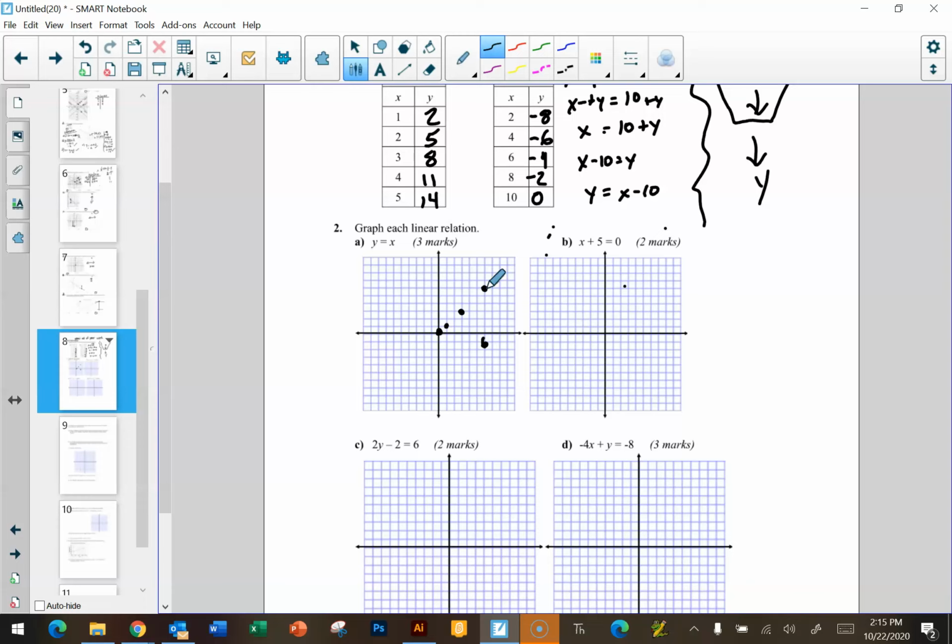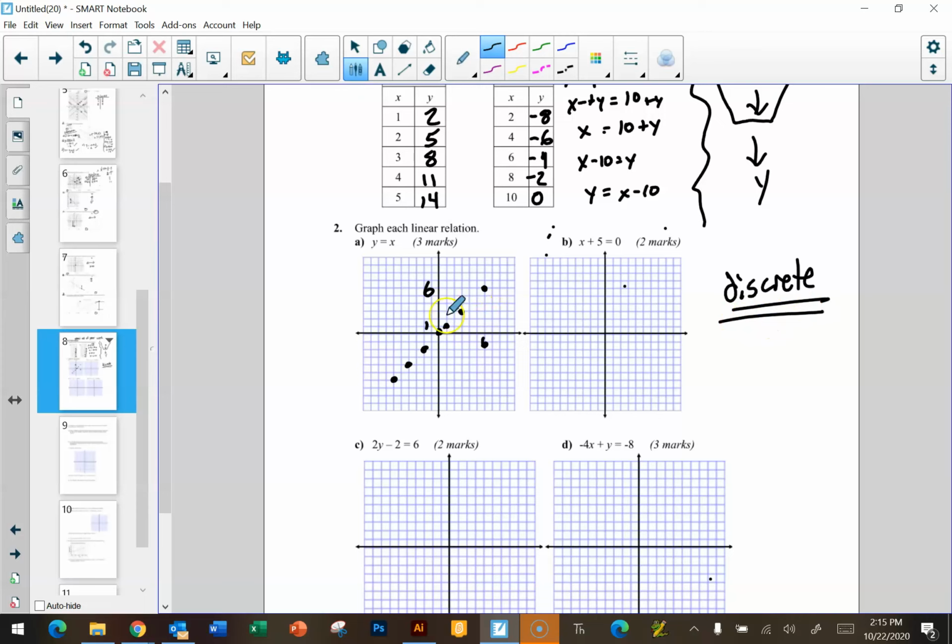Now, it doesn't tell us that these are continuous. So if it doesn't tell you that it's continuous, it must be discrete, which means you don't join the points. You can draw as many points as you want, I mean, draw at least 3, on this relation, but you can't join them because we always assume they're discrete.